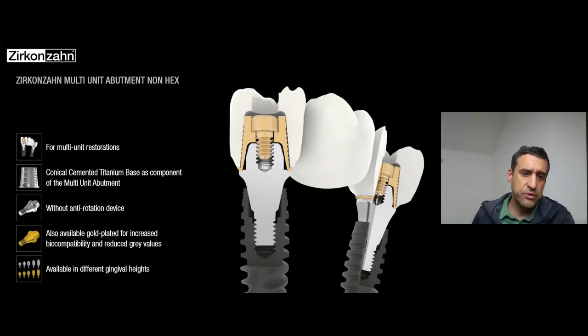You can see also that you can have it in gold, plated gold, so it's much more biocompatible. And you can have also different heights. So you have 5 different heights for the shoulder of the multi-unit.